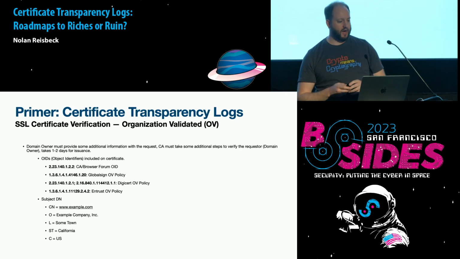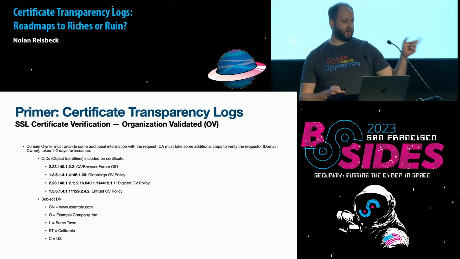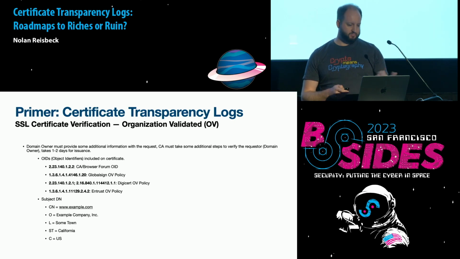The requestor, when you go off and request an OV certificate, you'll provide a little bit more information to them. They'll put a couple of OIDs on there, which are just object identifiers, in the certificate field. I've thrown a couple up there just for reference. They're not important. You don't need to memorize those.